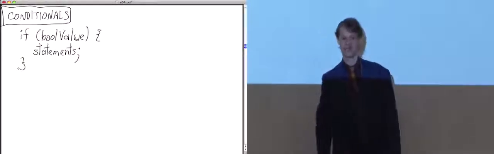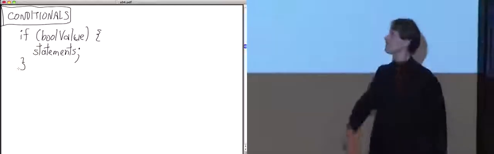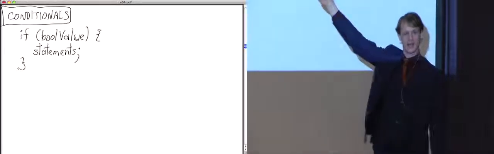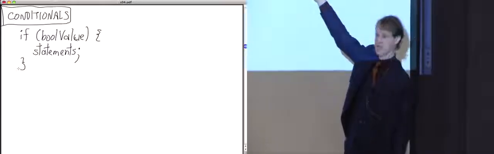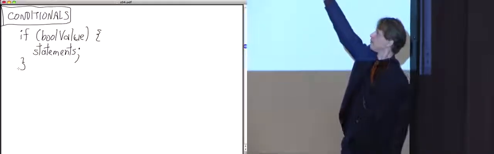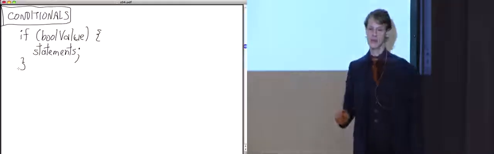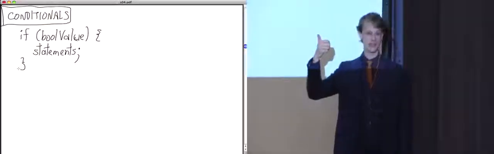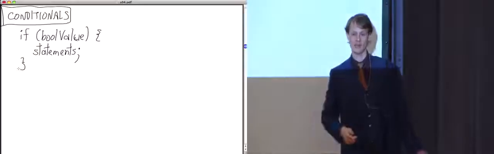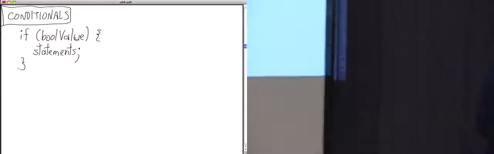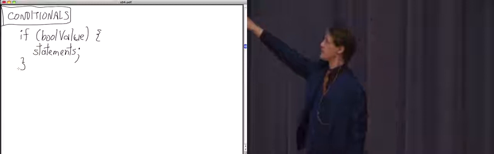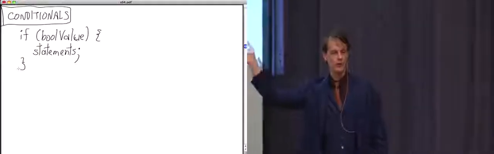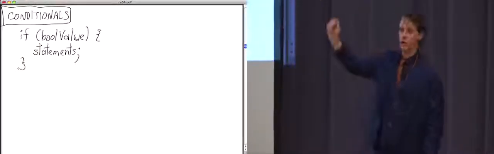It was a bad decision made in C that Java inherited. And I like to always maintain my convention that you use braces around your statements, because I think that's better for when you're modifying code. But it's possible to leave out the braces and just have one statement that's conditional. So the statements in there will only get run if bool value is true. If bool value is false, they don't run.